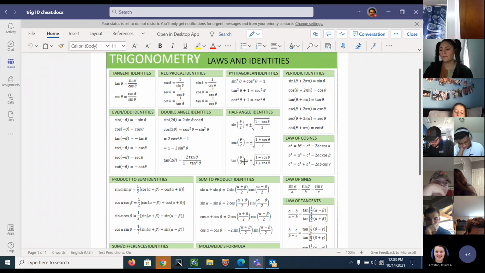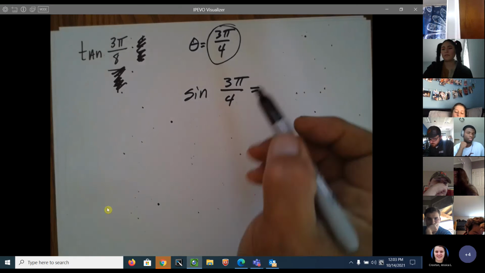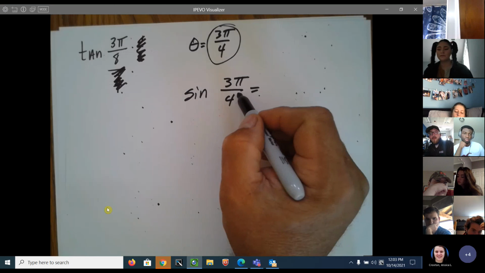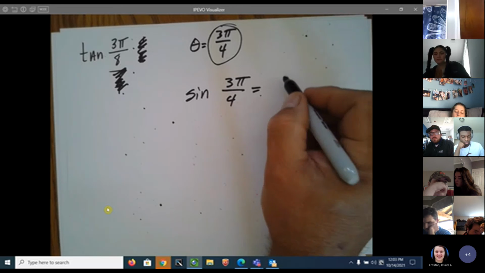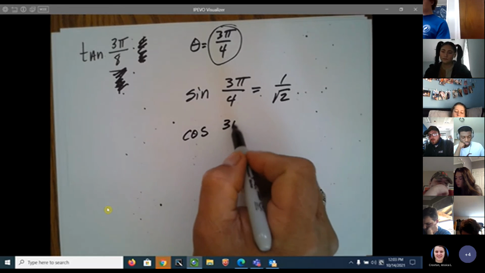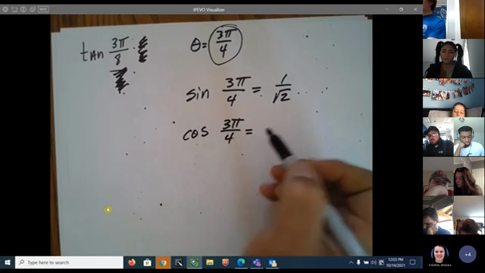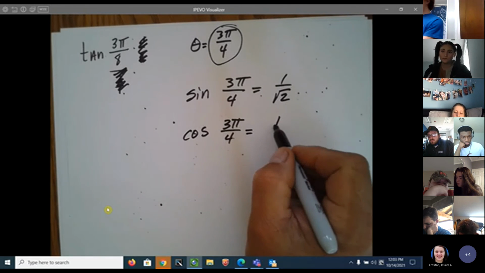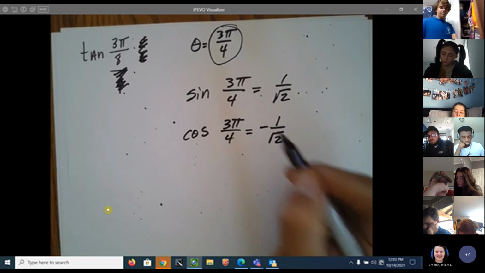Sine of 3 pi over 4 is equal to 1 over the square root of 2, and the cosine of 3 pi over 4 is equal to negative 1 over the square root of 2.